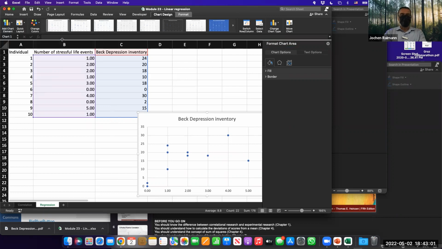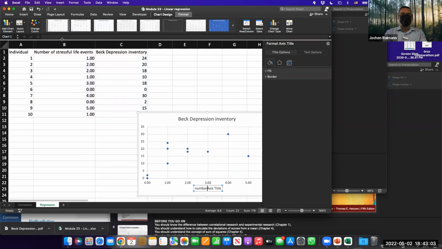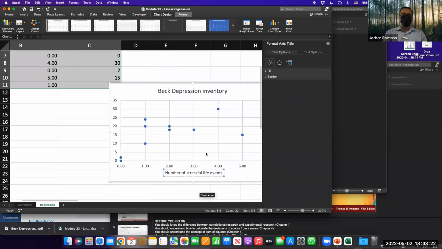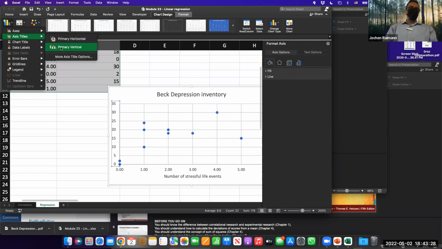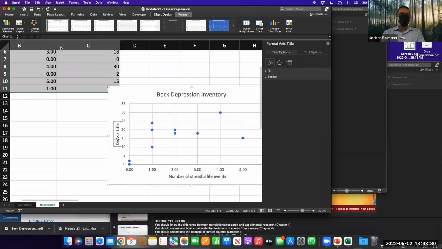So horizontal is number of stressful life events. On the y-axis, you have now the BDI score, this Beck Depression Inventory score.